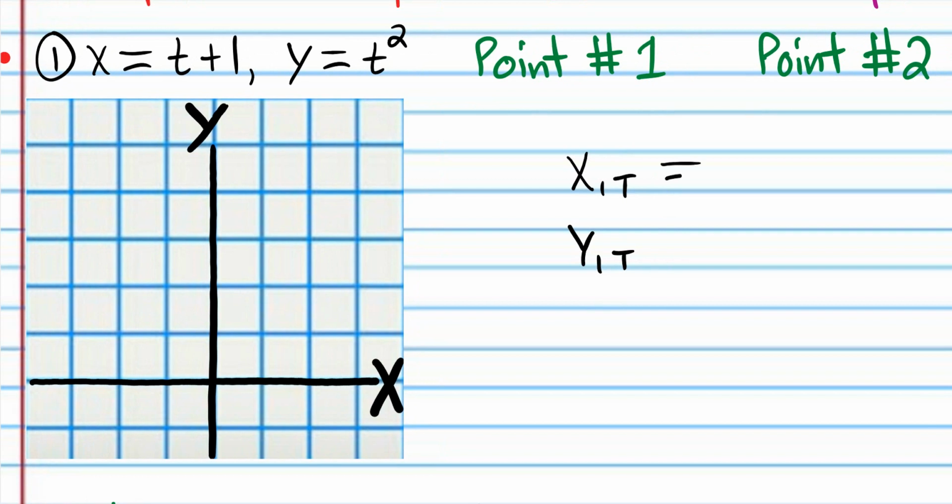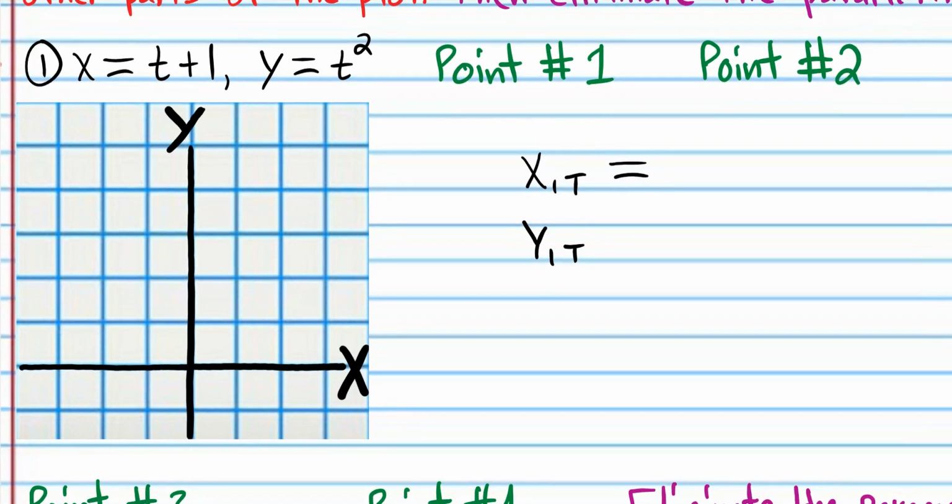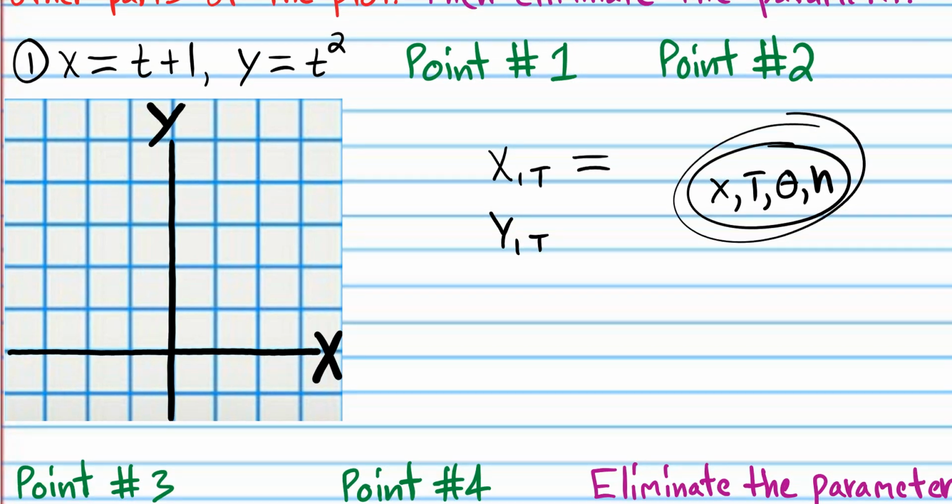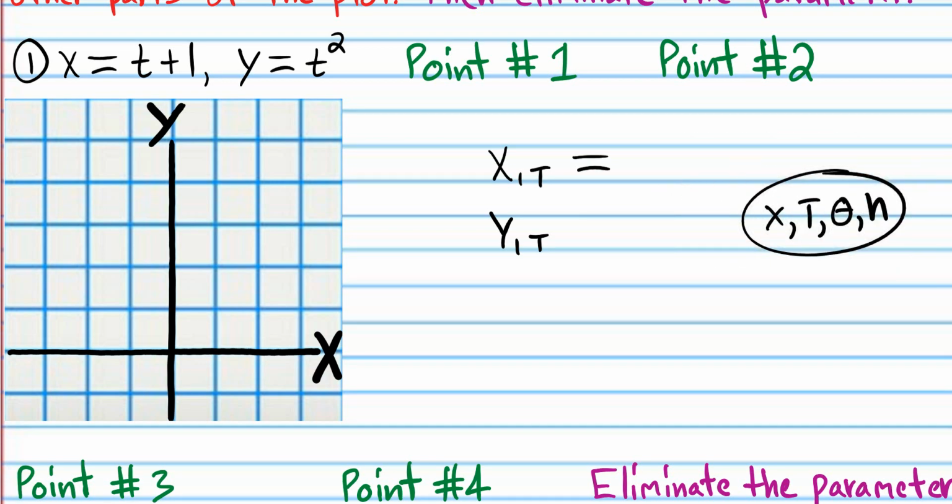So for x1t, I want you to press the x, t, theta, n button. So that's the variable button. It should look like this. It's right under the mode button. And when you press that button, it's going to give us a capital T in this equation here.